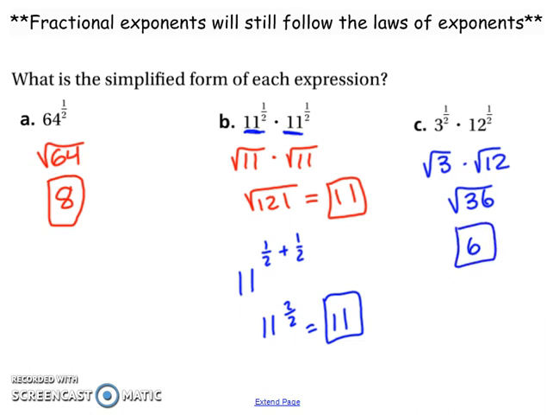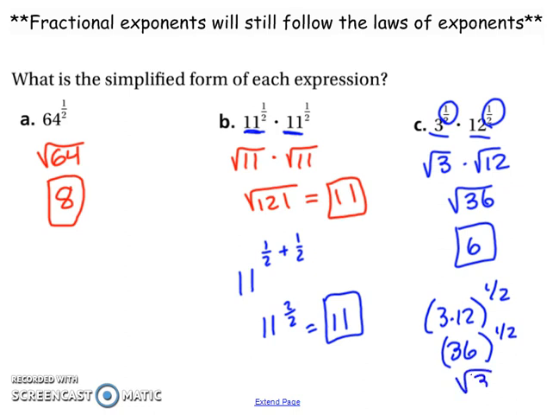The other way you could do it is because they have the same exponent, you can multiply the numbers. So 3 times 12 raised to that exponent. So again, we have 36 to the 1/2 power, which would be the square root of 36, which equals 6. So I'm just showing a couple of different ways that you can get the same answer.